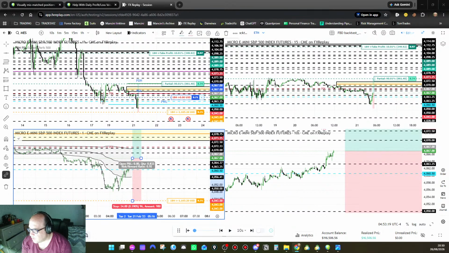TP1, recent swing highs, and TP2 is the full recovery at the 4098.